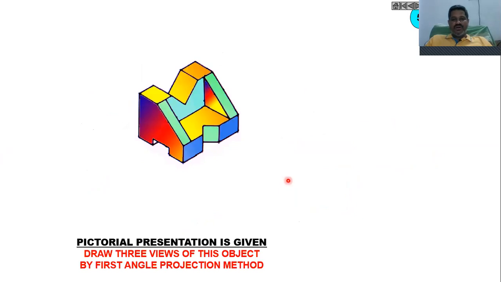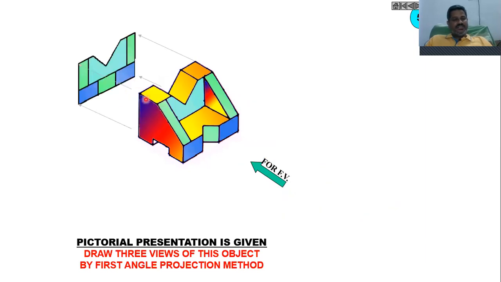Then you take one more component here, and this is your front view. And when you see this component from the front, you will find these blue colored faces in a single plane like this. So you will find these two edges are the webs, and this is exactly the V block shape that you can find here.